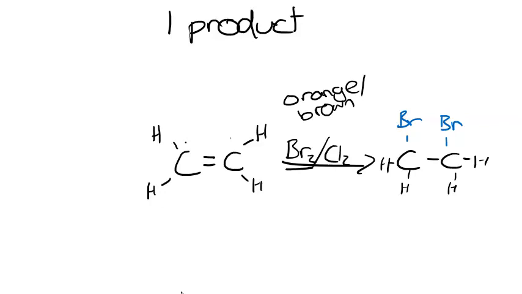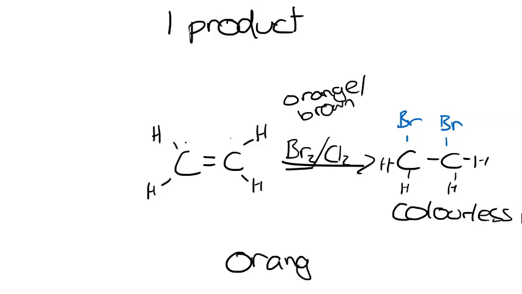So you'd get a colourless liquid. So how would you know that the reaction has taken place? Well, what you would observe is the orange colour of the bromine turning to colourless. And this reaction happens quickly and without the need for a catalyst.